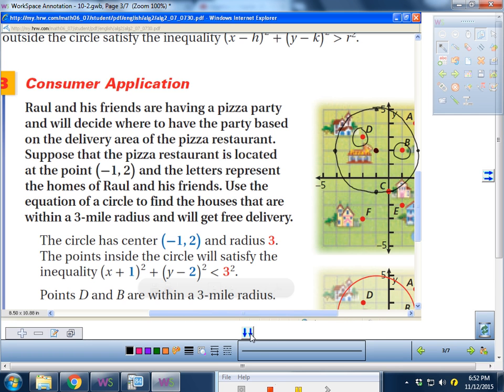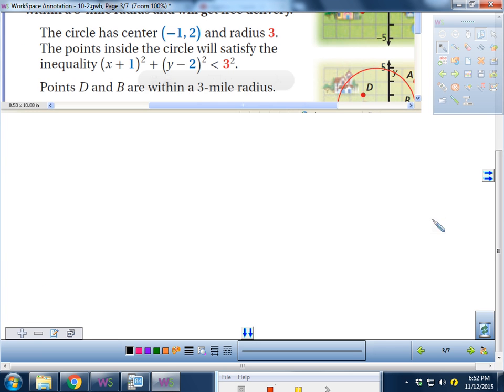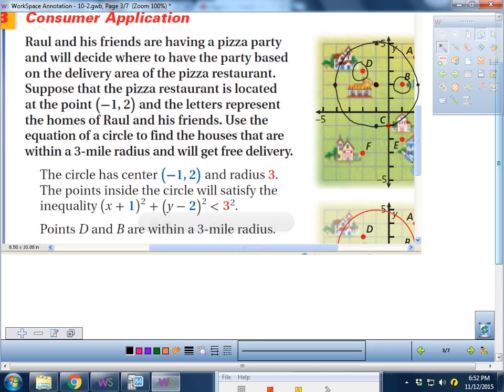So this is what I'm going to do. I'm going to write the equation of the circle. This is the center, so I would have x plus 1 squared, plus y minus 2 squared, and then my radius is 3 squared.